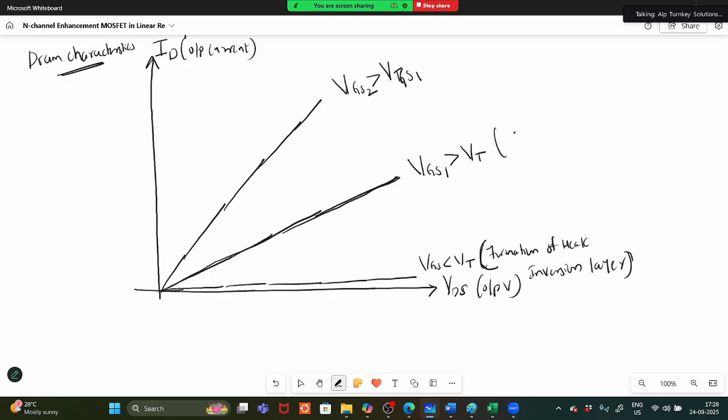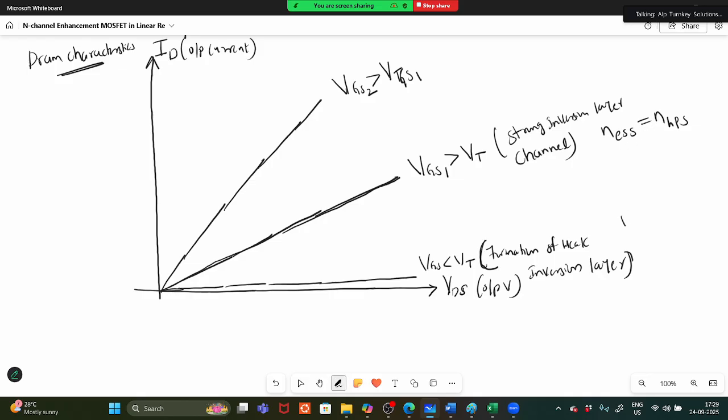This is nothing but the formation of a strong inversion layer, which we can also call the channel. What is the condition? The number of electrons at the surface of the substrate is equal to the number of holes in the p-type substrate. So this is the strong inversion layer.